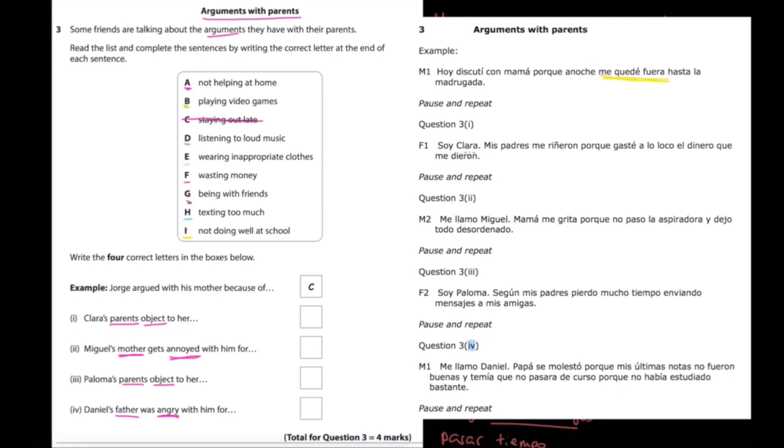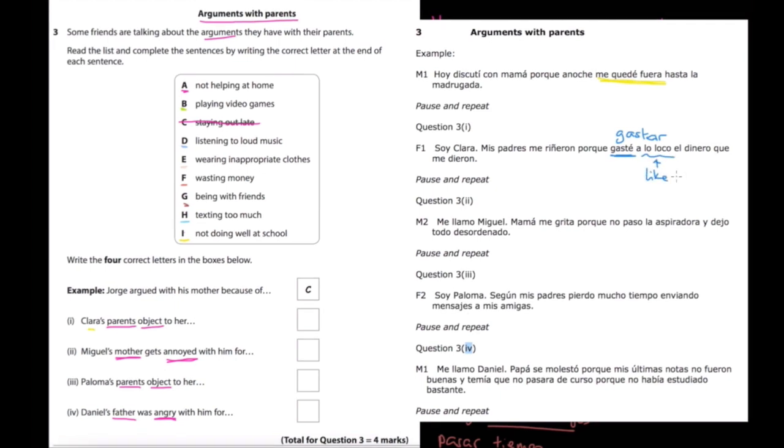Okay, so question 3-1. So, soy Clara. Mis padres me riñeron porque gasté a lo loco el dinero que me dieron. So, we've got gasté from the verb gastar. Gastar, to spend. Gasté, I spent. A lo loco, like crazy. El dinero que me dieron.